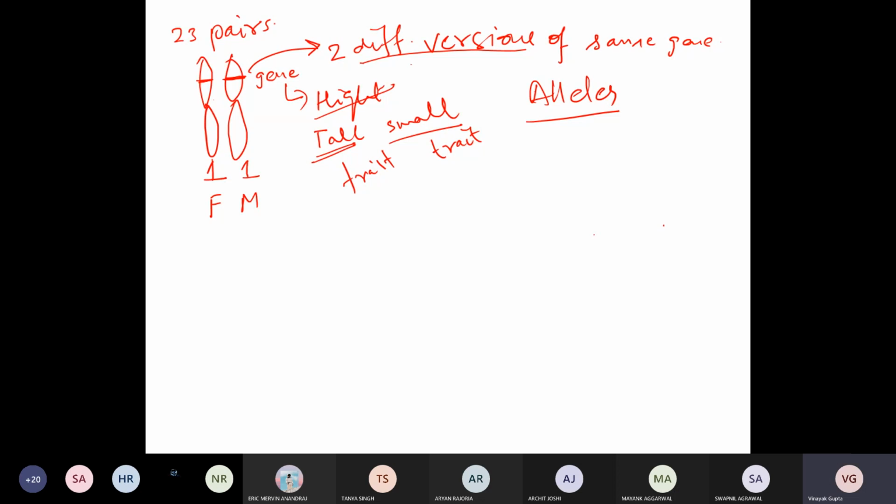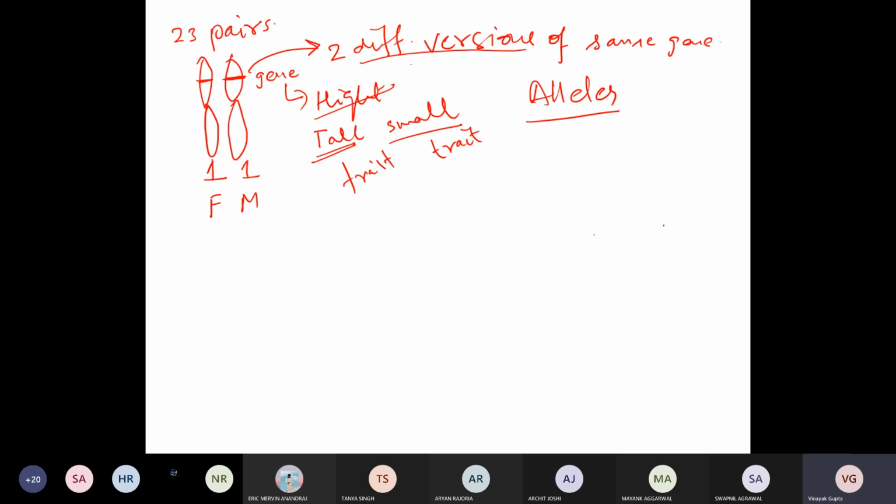So can you tell me, with respect to the alleles, what are the different possibilities here? What are the different possibilities? Did you understand what I'm saying for allele? How to define allele?